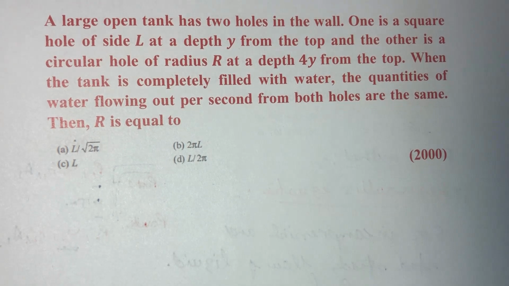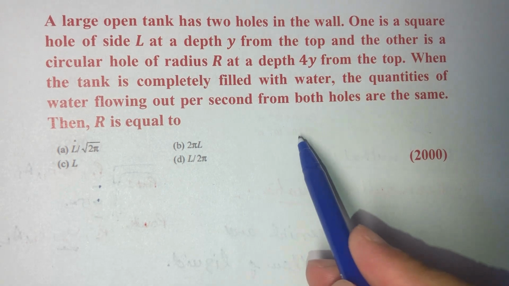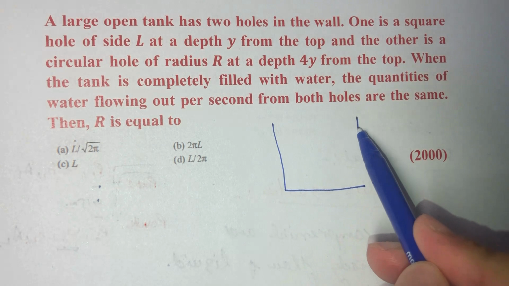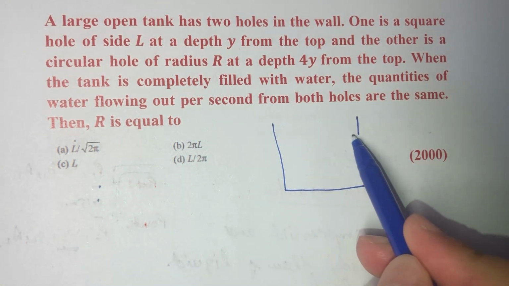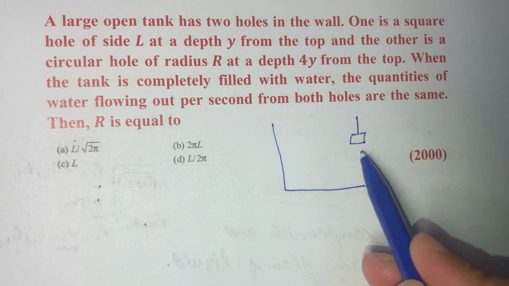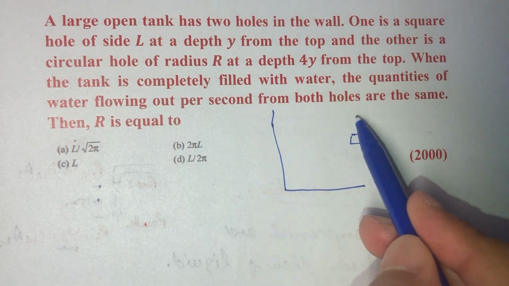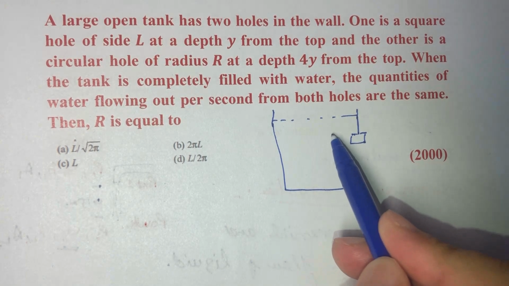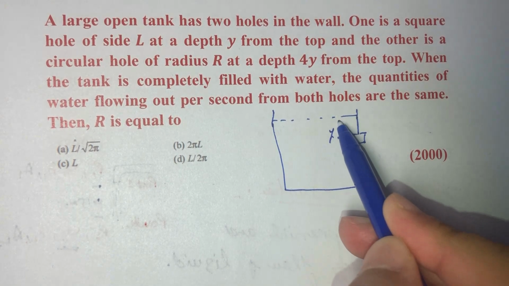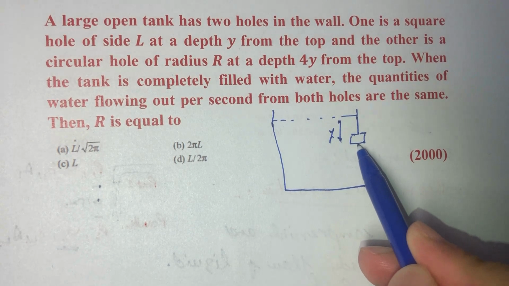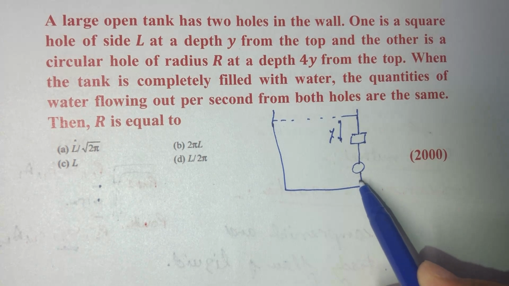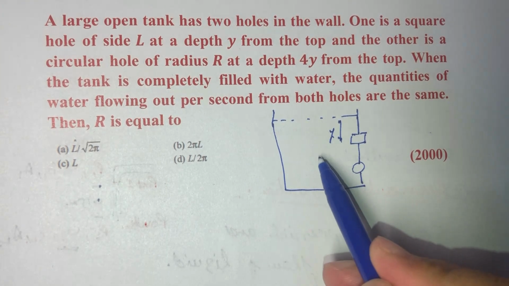So we are given an open tank which has two holes in the wall. Let us draw an open tank, something like this, and on the top there is a square hole. If the level of the water is this, this square hole is at a depth of y, and there is a circular hole, something like this, which is at a depth of 4y from the top.